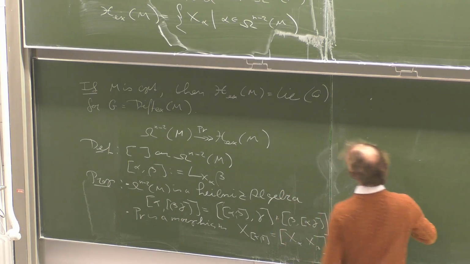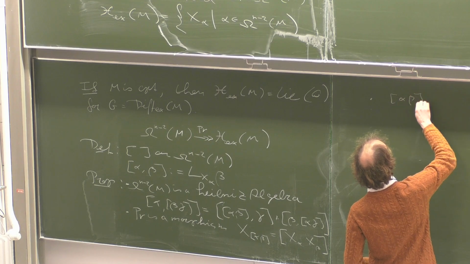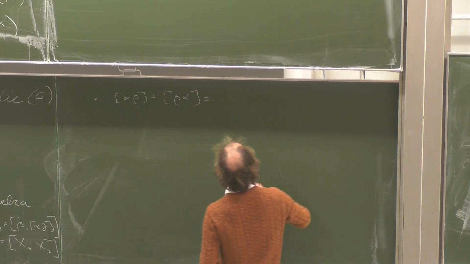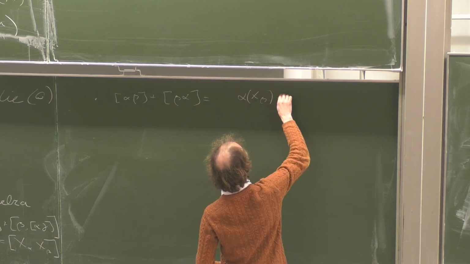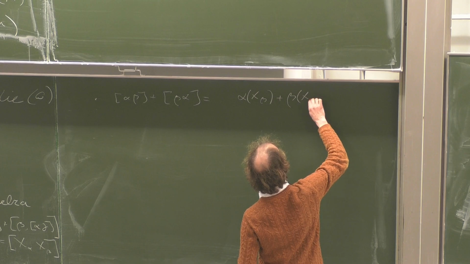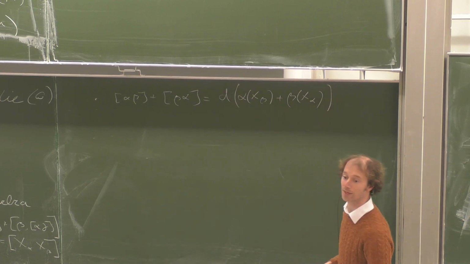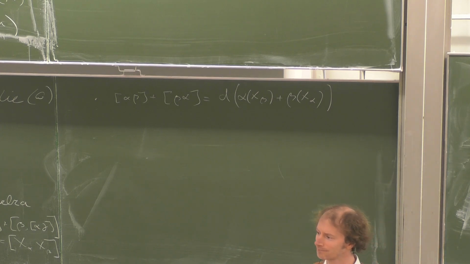Well, maybe it's a nice computation to show that the bracket of alpha and beta plus the bracket of beta and alpha is something exact, but in general it's not equal to 0. If you quotient by exact n-2 forms, does it become a Lie algebra?